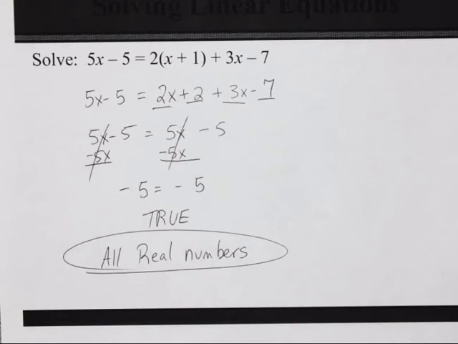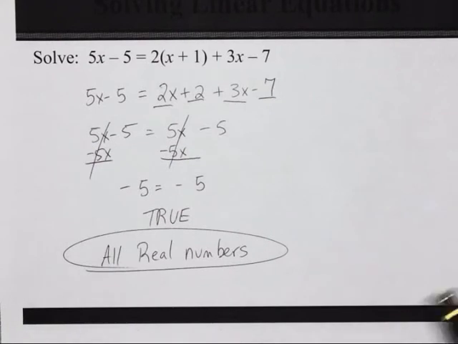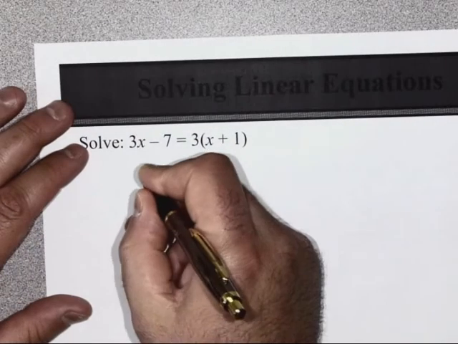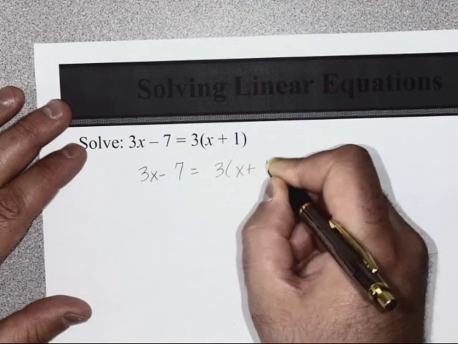So any number that I plug in there is actually a solution. So that's why we say all real numbers. Now this only happens when the variables just cancel and go away. So if you work an equation and the variables cancel, then that's obviously a hint that you're going to have all real numbers.